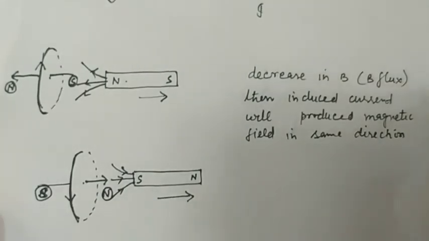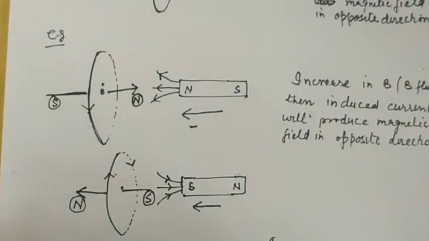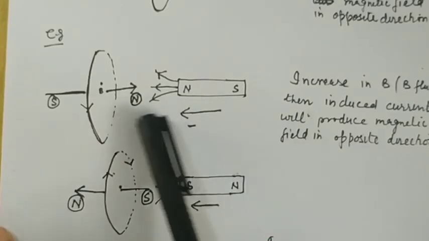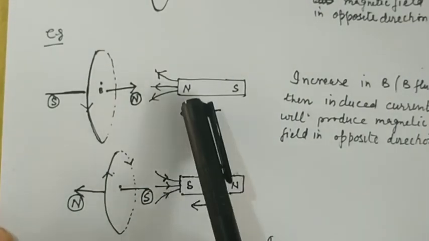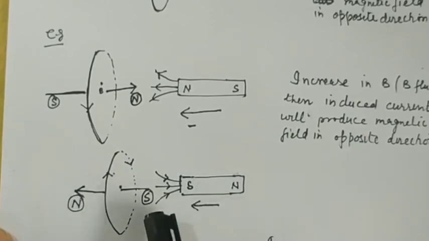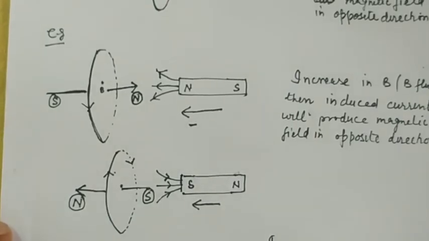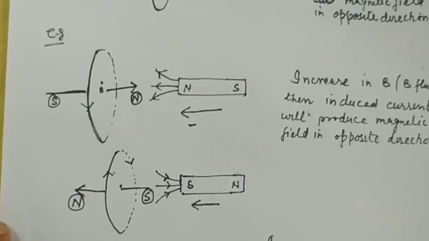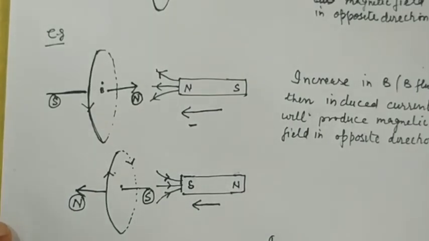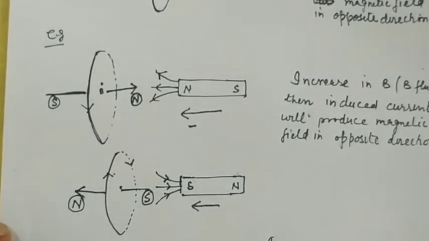Again, in the above example, if you push this bar magnet towards the loop, the same poles are created. Similarly here also, if you push the bar magnet towards the loop, the same poles are created. So you can remember that if you push any bar magnet towards the loop, the same pole will be created, and if you push the bar magnet away, then opposite poles are created.